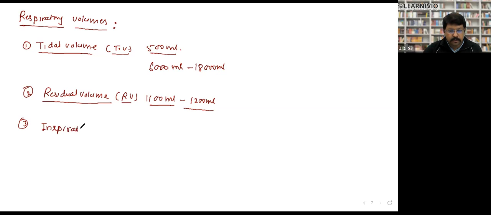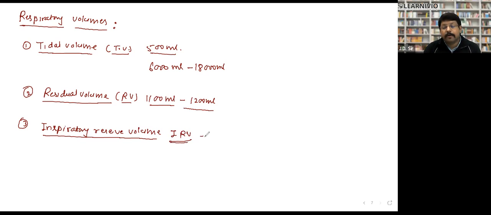Inspiratory reserve volume. This is called IRV. Note it down.